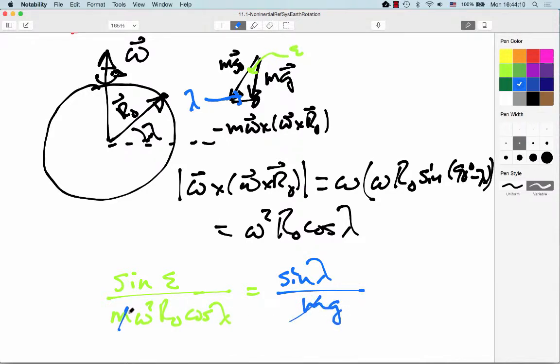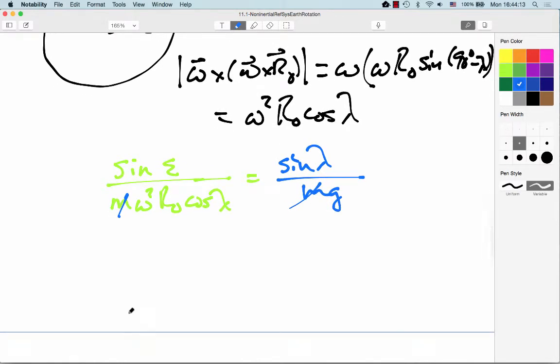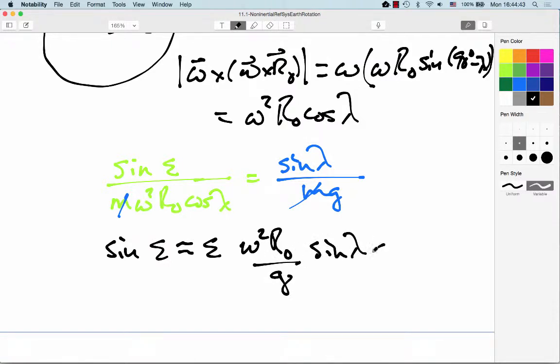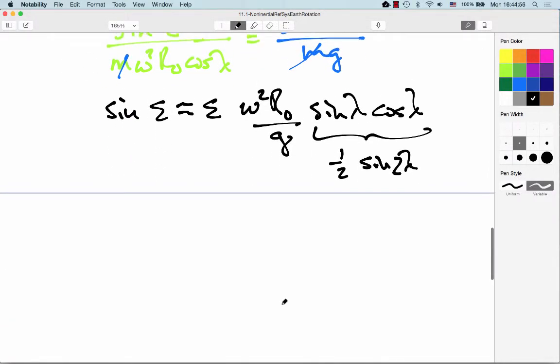Okay, we can cancel the m's. That's cool. So what we get is that the sine of our epsilon, which is, hey, this angle is going to be small, so you can just call it epsilon directly, will be equal to omega squared r naught over g times the sine of lambda cosine of lambda, and we remember that that is 1/2 of the sine of 2 lambda if we looked it up in our trig tables like I had to.